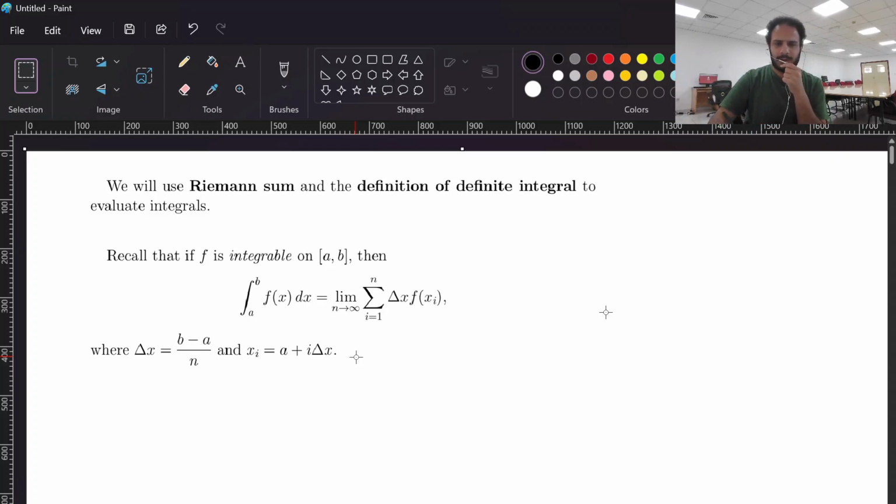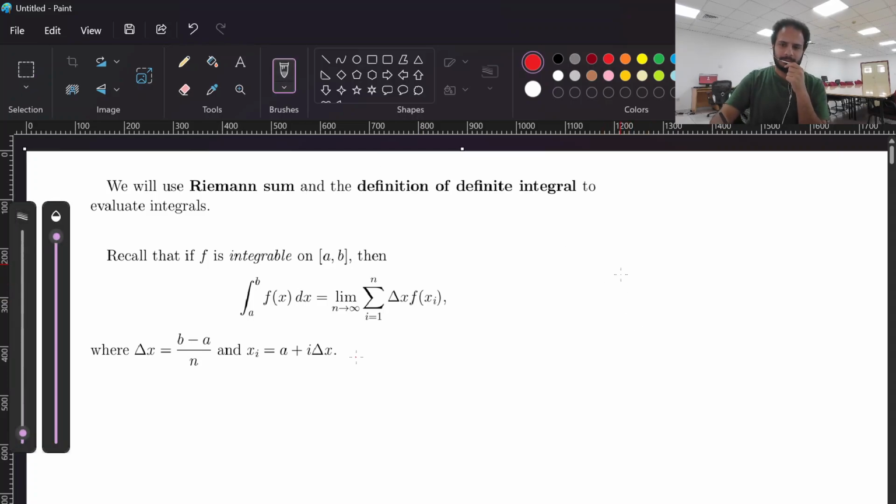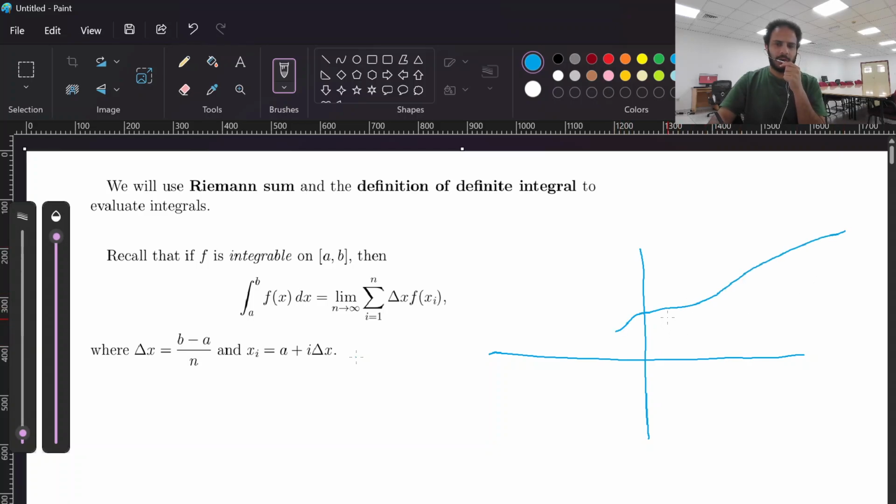Now let's see here. I will use red. Now let's use blue. For example, if you have this function, I want the area between a and b.